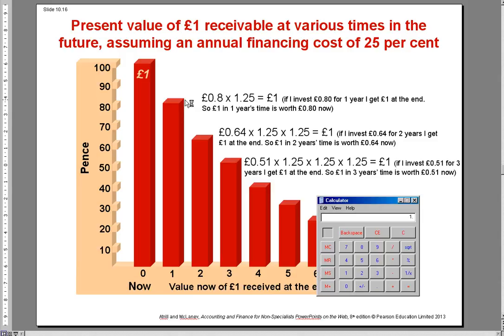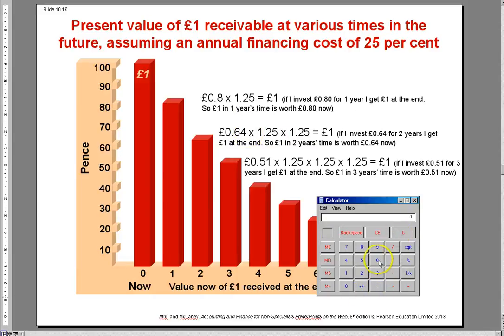He would say, I will give you 80 pence now, and you repay that by paying me £1 in 1 year's time. So that would be a 25% return. So for 2 years we do exactly the same, only it's 25% per year, as I said, so it turns out that it's 64 pence, so we can check that.